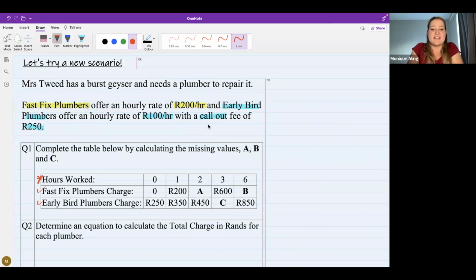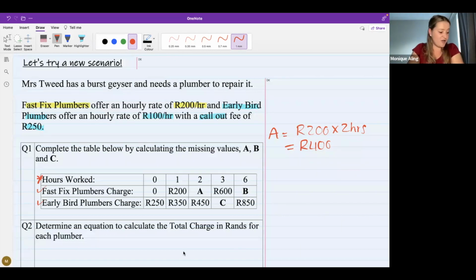Oh, okay. So I see that you guys are giving me how you did it, which is exactly right. Okay, so for A, you took the 200 Rand and you times by 2 because it was for 2 hours and you got 400. Okay, for B, how did we get B?